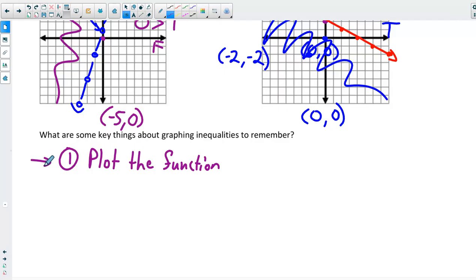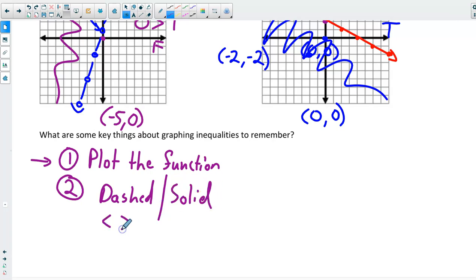So that's 1 point. Step 2, is it dashed or is it solid? And then number 3 is our shading or the test point.